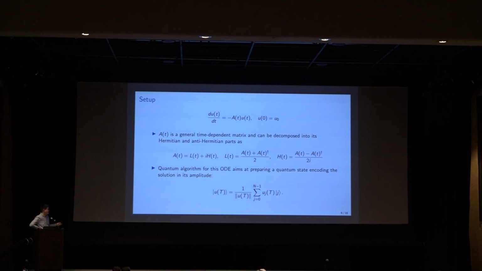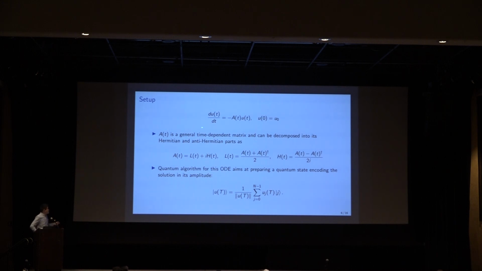Here L and H are two Hermitian matrices. I can remark that this is not an assumption. It is just a way of decomposition, because for any arbitrary matrix A, you can define L to be the average of A and A dagger, and H to be something like A minus A dagger over 2i, and make this decomposition true. So this is just a representation.